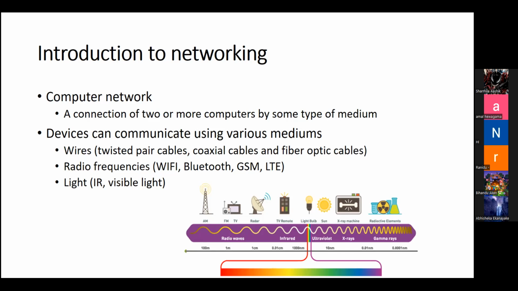And radio frequencies, right? Wi-Fi, Bluetooth, mobile like GSM, LTE, 3G, 4G, and even 5G today, and many more technologies or mediums used for communication. Even light is used for communication. As you may know, infrared and even visible light can be used for communication.